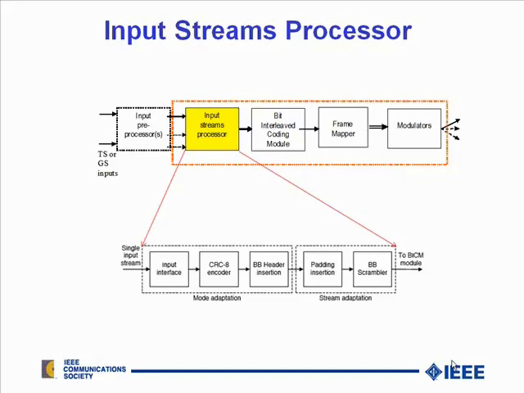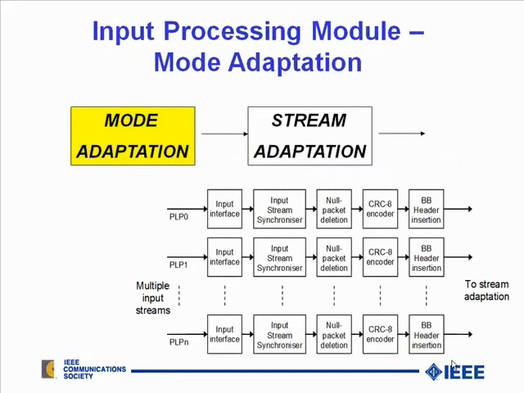We have different sub-blocks in this processor: the input interface, the CRC encoder, the baseband header insertion, padding insertion, and baseband scrambler. Overall, we can divide this block into two main sub-blocks, the mode adaptation and the stream adaptation.